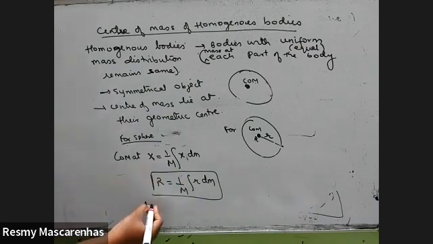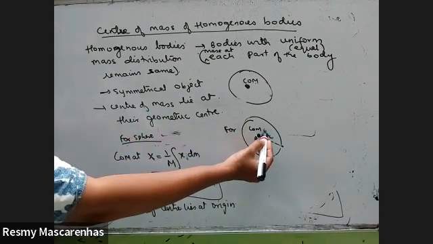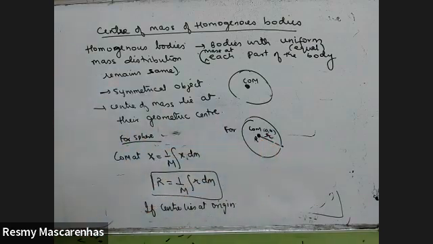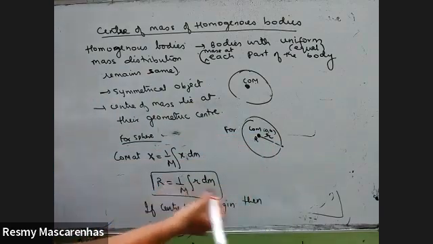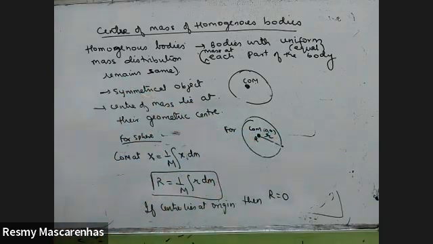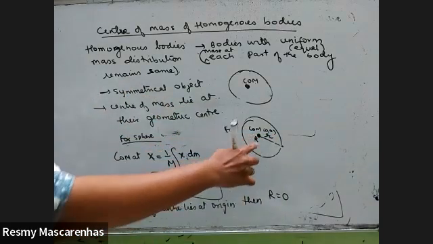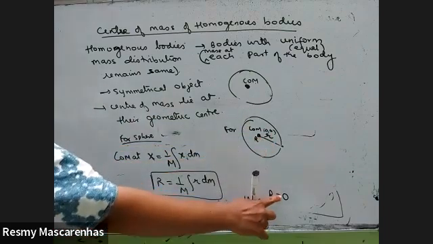And if the center lies at the origin, imagine this is at origin 0, 0, then R will be 0, because R is at 0. If the center lies at the origin and you are taking this as the reference, then R will be 0.